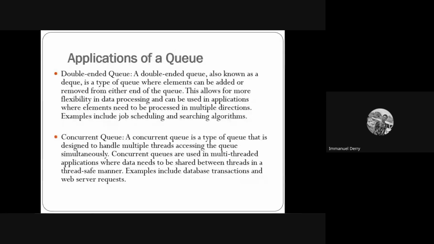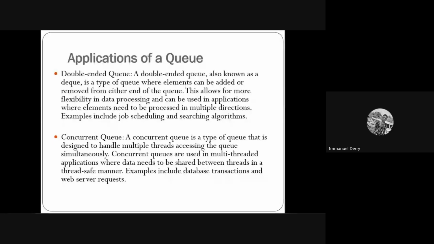And then we got the concurrent queue. So a concurrent queue is a type of queue designed to handle multiple accesses to the queue simultaneously.